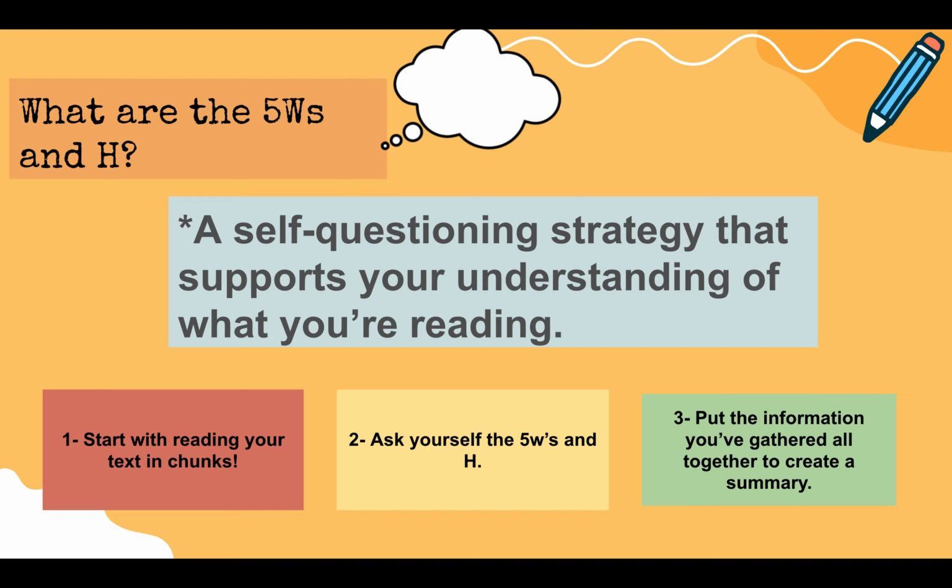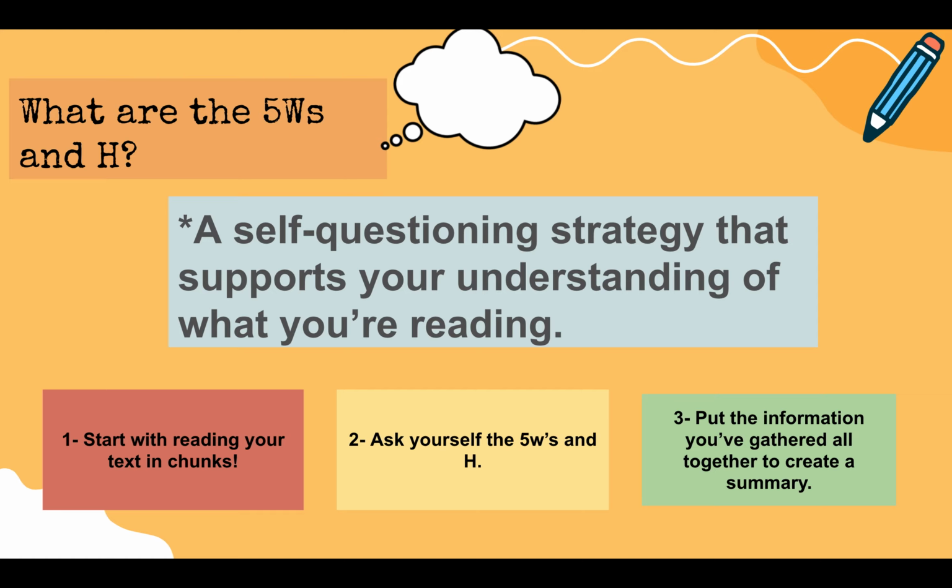In order to use the 5 W's and an H effectively, you need to do 3 things. The first is start by reading your text in chunks. By reading your text in sections, you're giving yourself the opportunity to process the information in little bits.